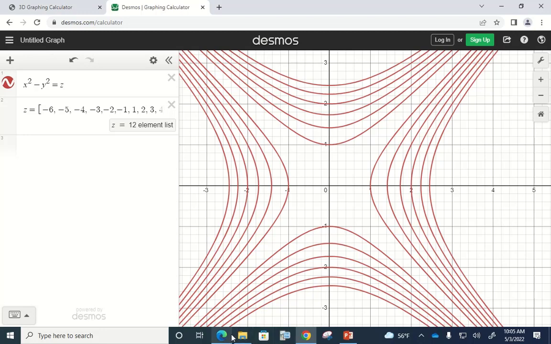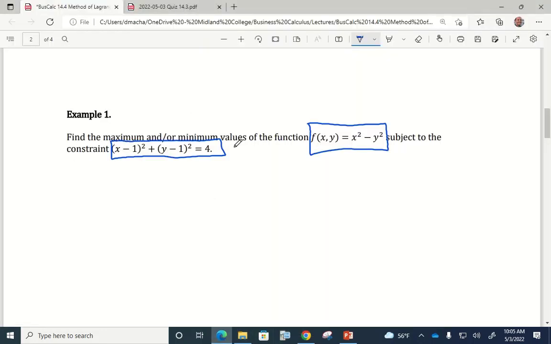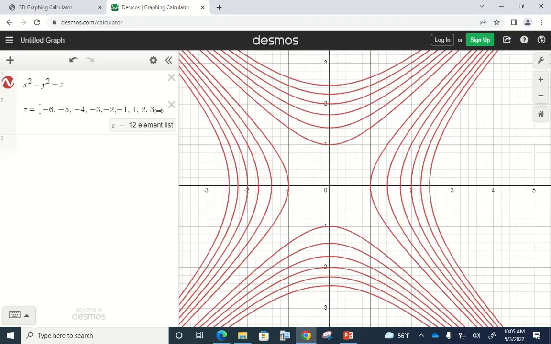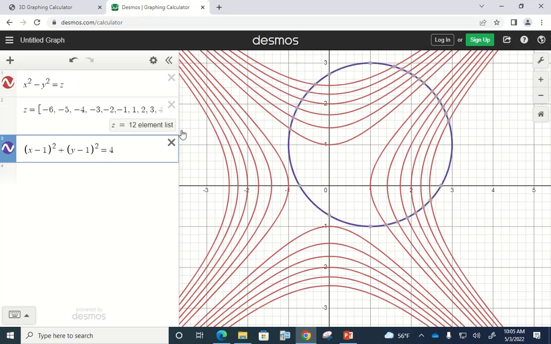Now, the other part of this question: I'm not only trying to find maximums or minimums of that function that we've been looking at, but I'm also trying to find those subject to this constraint. So let's plug this constraint into Desmos and see what that looks like. My constraint was x minus 1 squared plus y minus 1 squared is equal to 4.